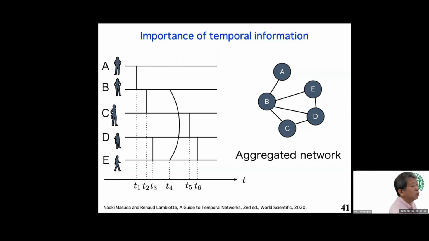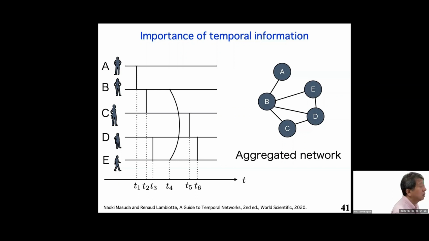The left figure shows a schematic representation of a record of contacts between 5 people, A, B, C, D, and E. The vertical lines represent contacts. For example, contacts could be a conversation.